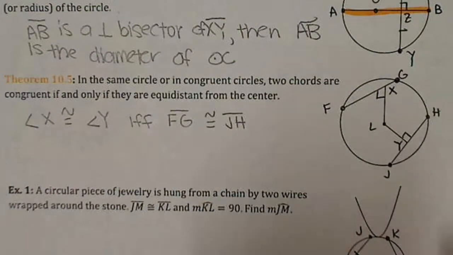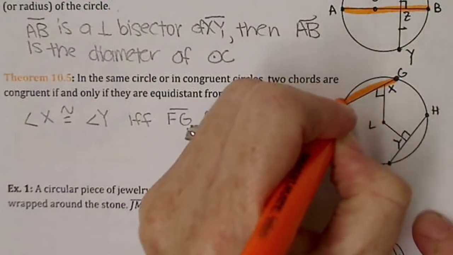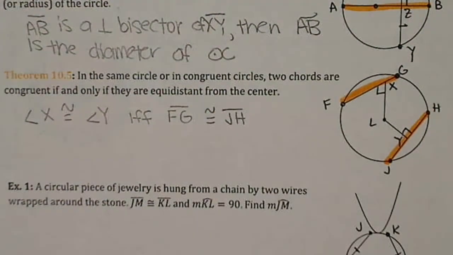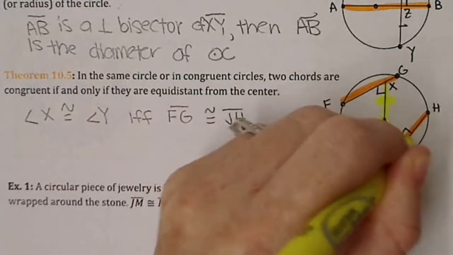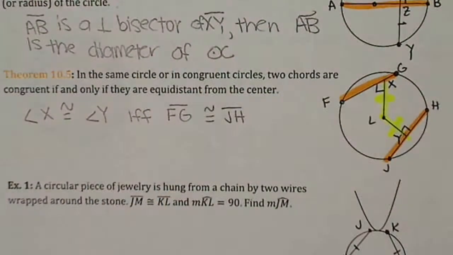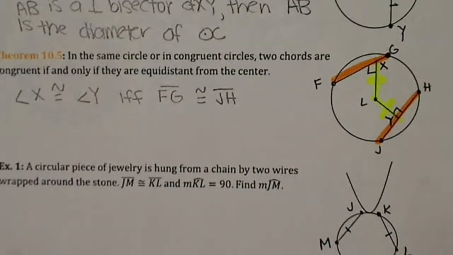In other words, FG and JH are congruent if these are equidistant, if the distances LX and LY are congruent. We're going to apply that with some of our examples.